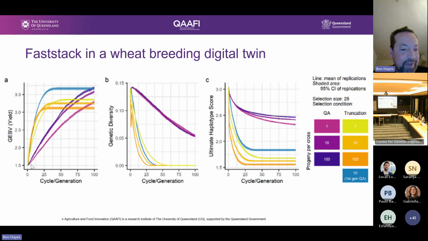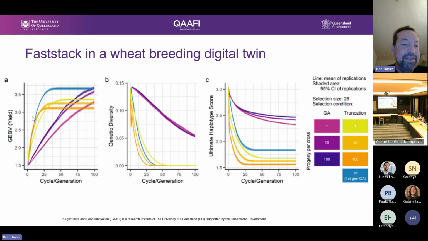And in this first graph, you have the number of breeding cycles, number of generations, and on the y-axis, you have the genomic breeding value. The yellow and orange colours are what you get with truncation selection, and the purple colours are what you get with this optimal haplotype selection, the stacking.